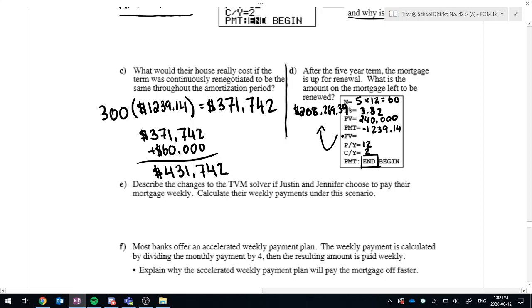Describe the changes to the TVM solver if Justin and Jennifer chose to pay their mortgage weekly. Calculate the weekly payments in this scenario.